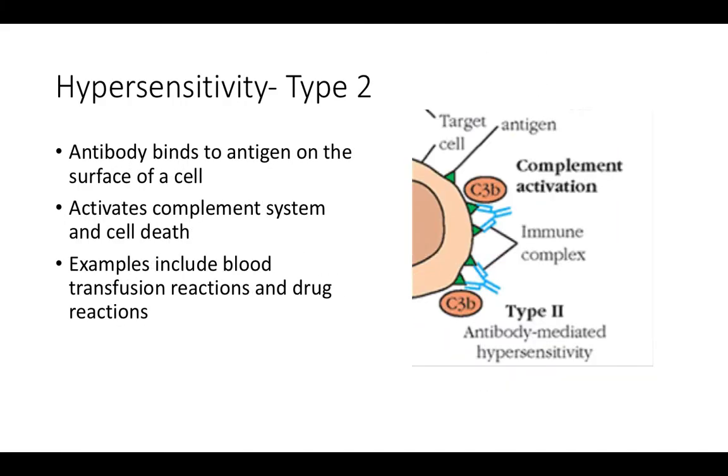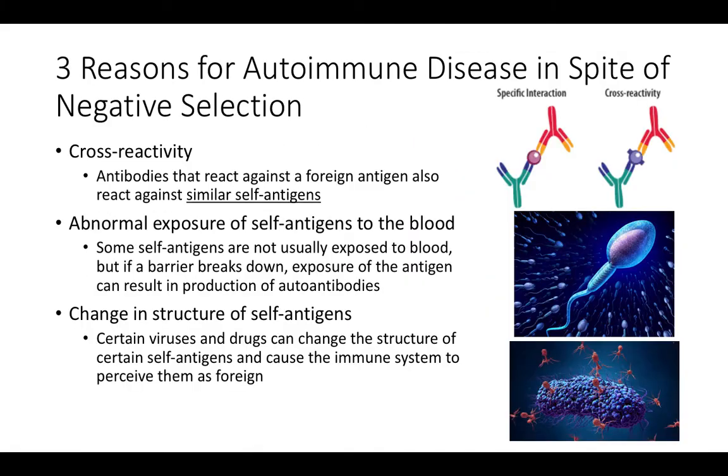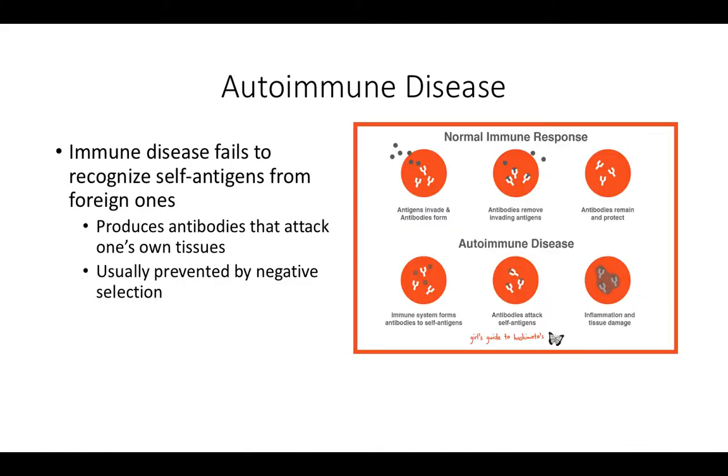Okay, so those are all the different types of hypersensitivity. Now we're going to talk about autoimmune disease. So this is when your body fails to recognize your own antigens from foreign ones, and so it'll start to attack your own antigens. So you produce antibodies that attack your own tissues, and that's what you're seeing in this picture here.